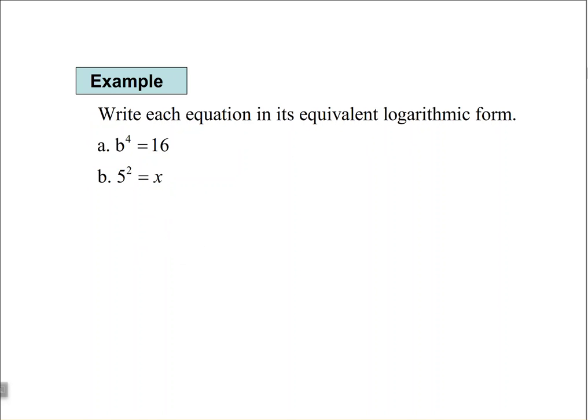Okay, now let's go the reverse direction. Let's start off with the exponential form and write the equivalent logarithmic form. So b raised to the power of 4 equals 16.